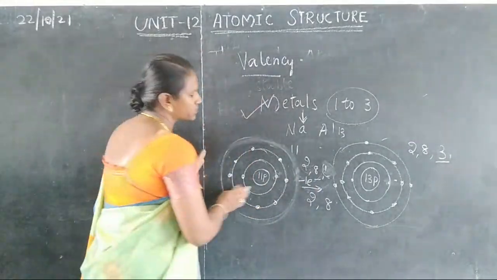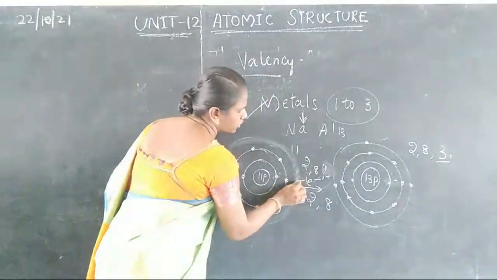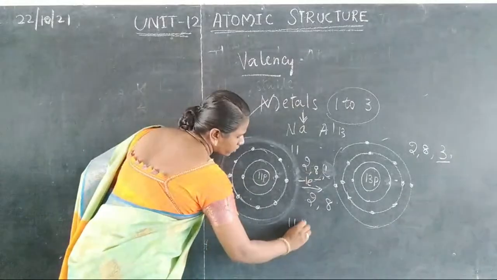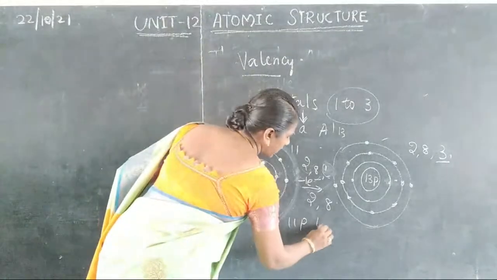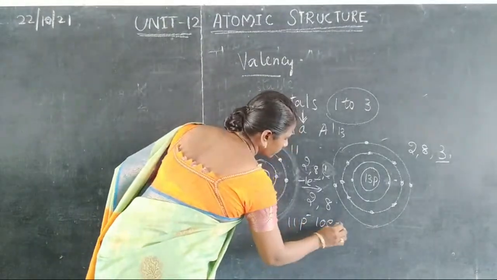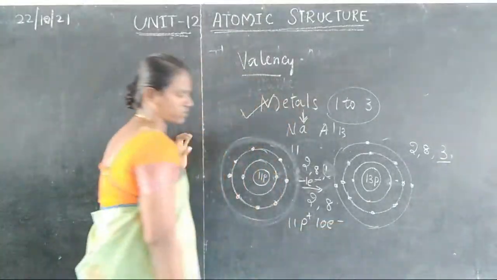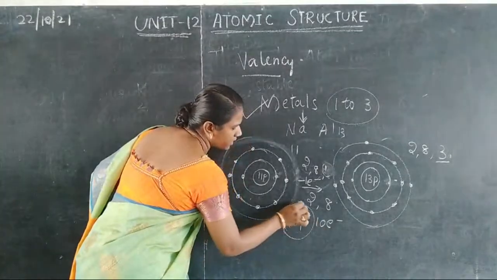Now sodium has lost 1 electron. So there are 11 protons, but what about the number of electrons? 10 electrons. 11 protons and 10 electrons, so the number of protons is higher.